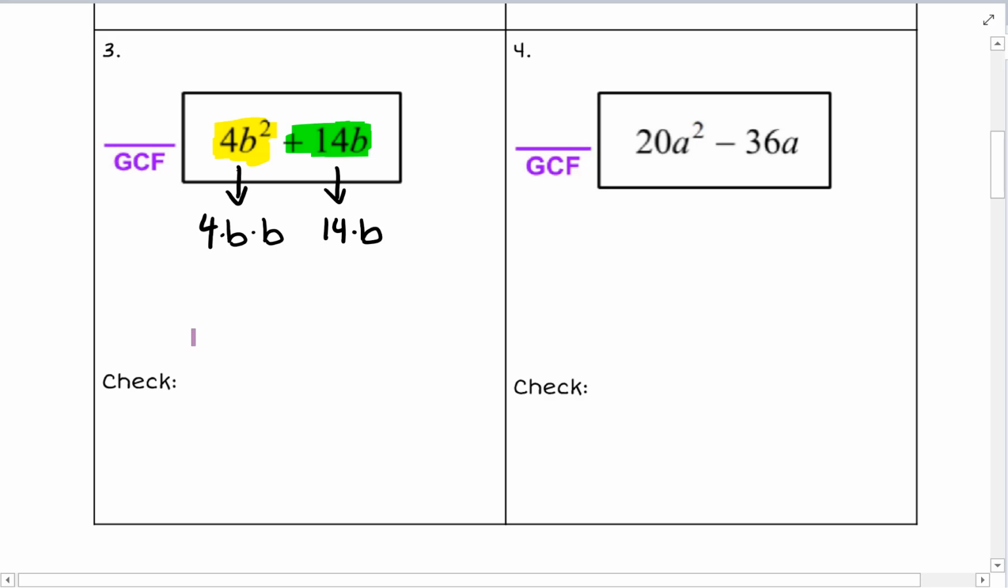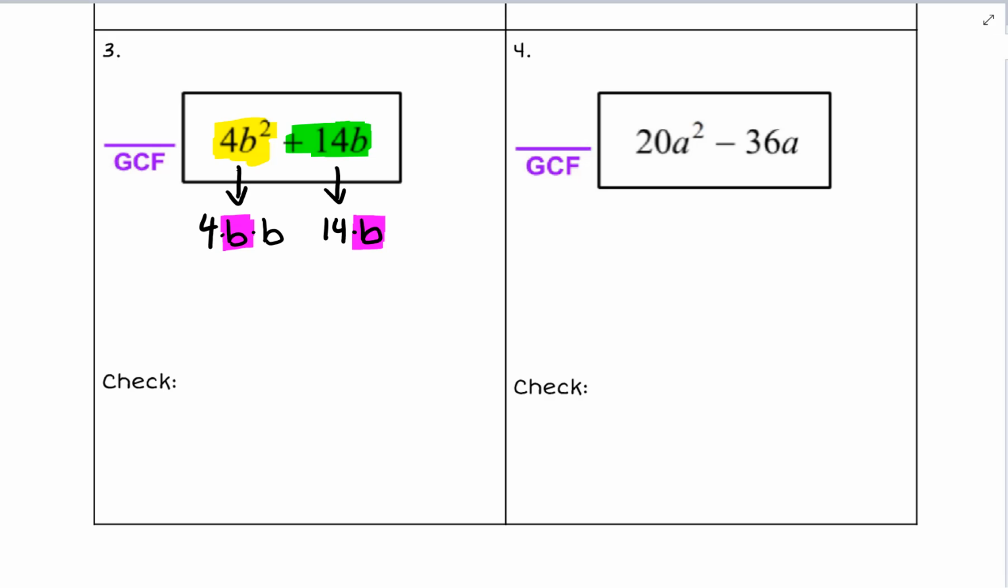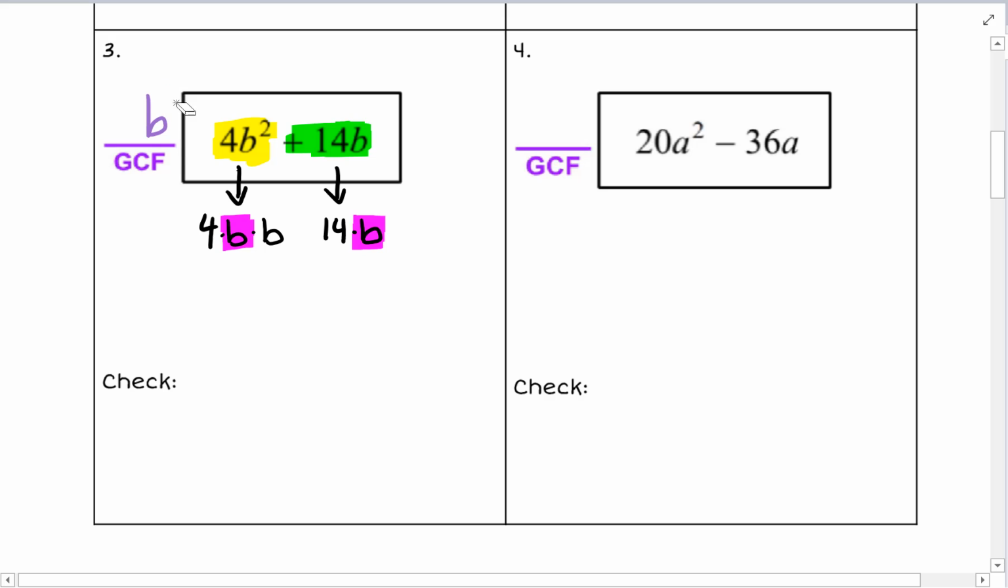So the question is, b to the power of what is in common with each term? This term has a b to the power of 1. So what's in common is b to the power of 1. b to the power of 1 has to be a part of your GCF. The GCF involves the variable as well, not just the numbers.